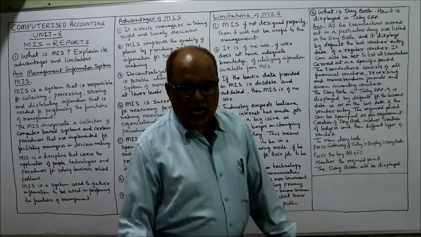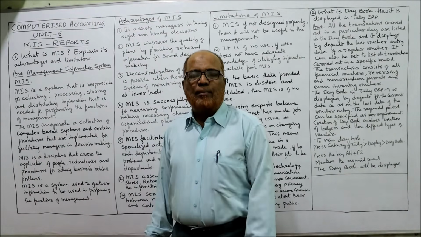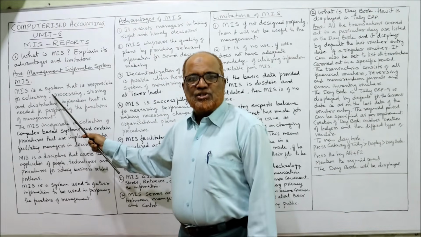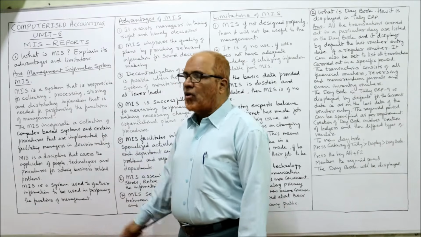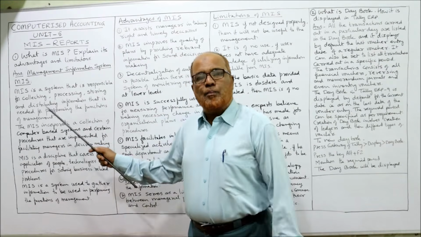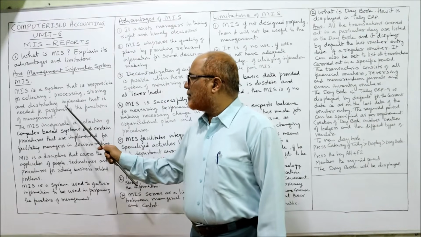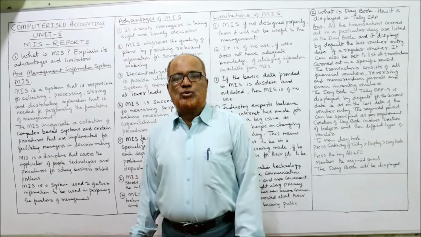The first question is, what is MIS? Management Information System. So Management Information System, MIS, is a system that is responsible for collecting, processing, storing and distributing information that is needed for performing the functions of management.